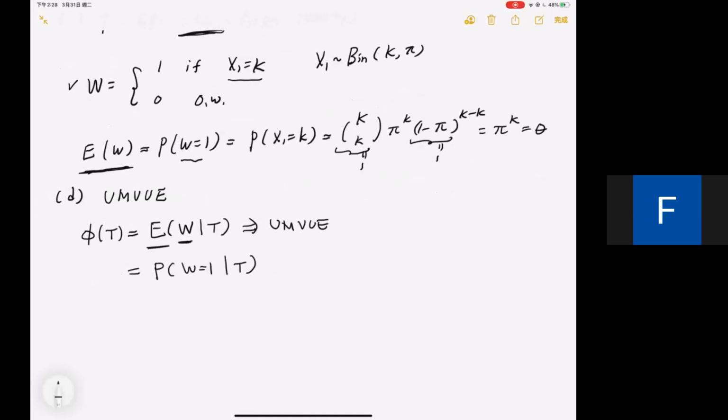It really is deriving the probability of W equals 1 given T, where T is the summation of Xi. So T is summation Xi equals t right here, and the probability of W equals 1 is the same as X1 equals k, then summation Xi equals t.